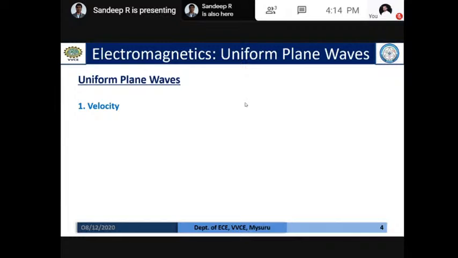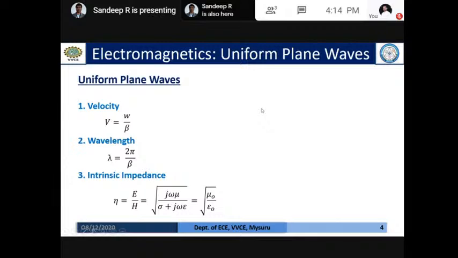First one is the velocity. Velocity is given by V is equal to omega by beta. The second one is wavelength. Wavelength is given by lambda is equal to 2 pi by beta. Third one is intrinsic impedance, which is given by eta is equal to E by H. The general expression is root of j omega mu divided by sigma plus j omega epsilon.